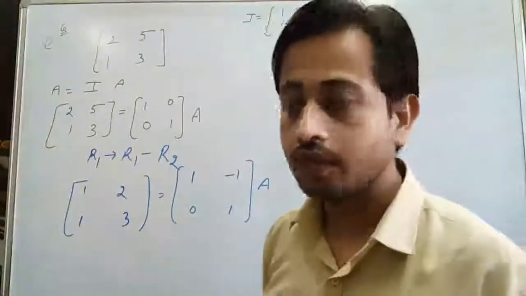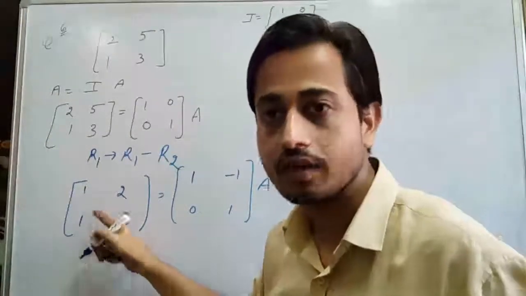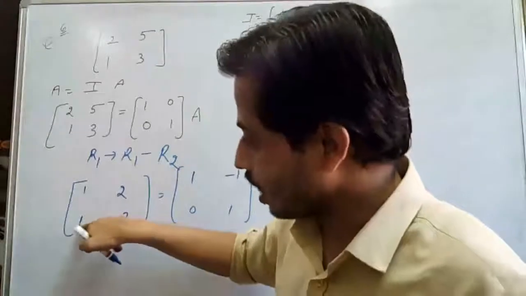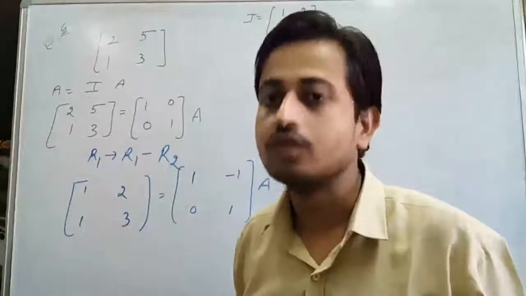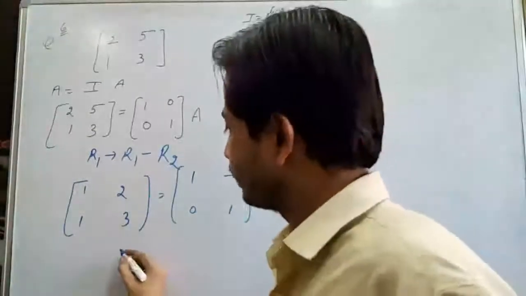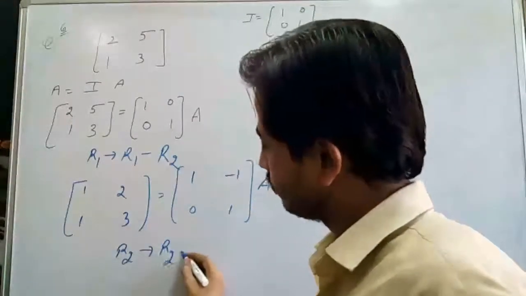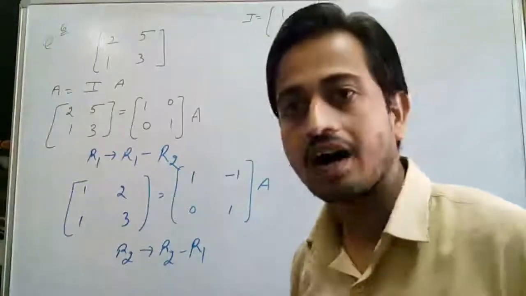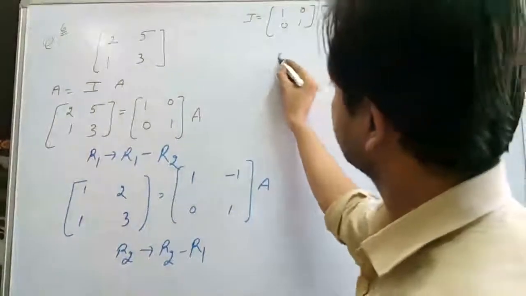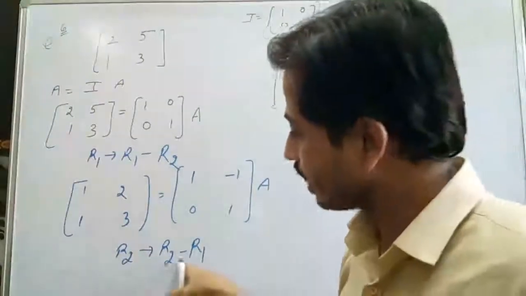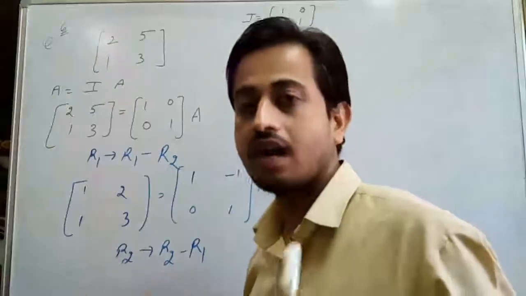Now we have to make the next element 0. How can we make it 0? It's very simple: R2 minus R1, since 1 minus 1 gives us 0. So applying R2 minus R1, firstly we write R1 as it is because we are applying the operation on R2.